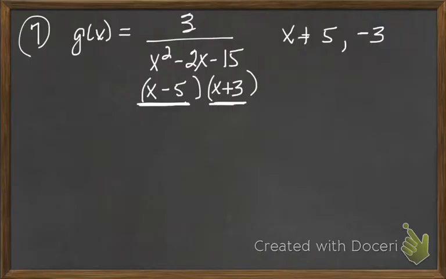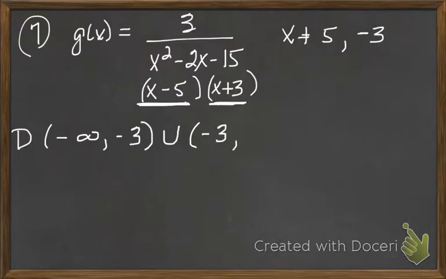So you're going to say the domain goes from negative infinity all the way up to the smallest excluded value, which is negative 3, parentheses, because x can't be negative 3, union, and then parentheses again, negative 3, all the way up to the larger excluded value, which is 5, parentheses, union, parentheses, and then finally 5 all the way to infinity.